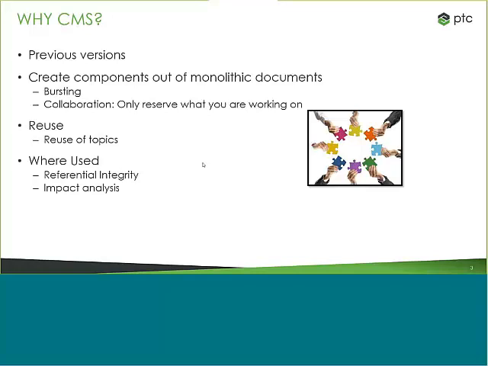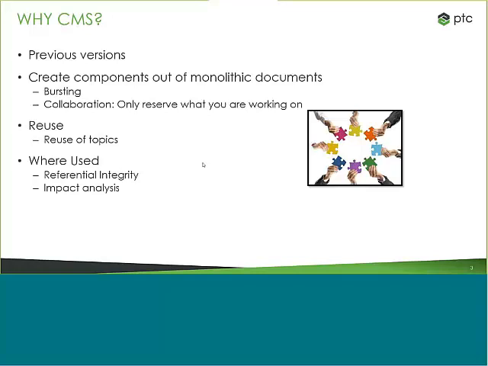Also, the ability to do some analysis to find where used. If I make a change to a given topic or a given fragment of a topic, how many other places is this being used, and will my change be appropriate for all of those places?